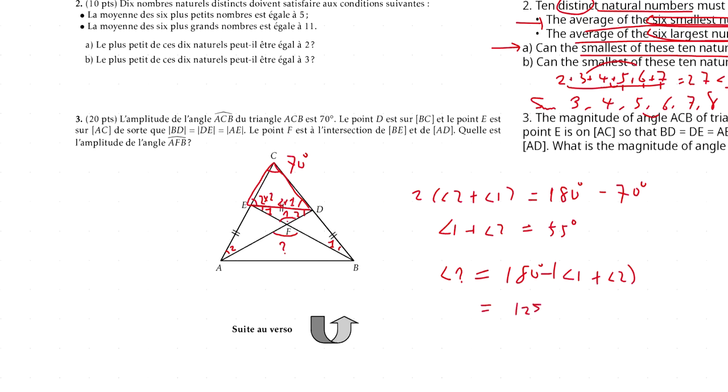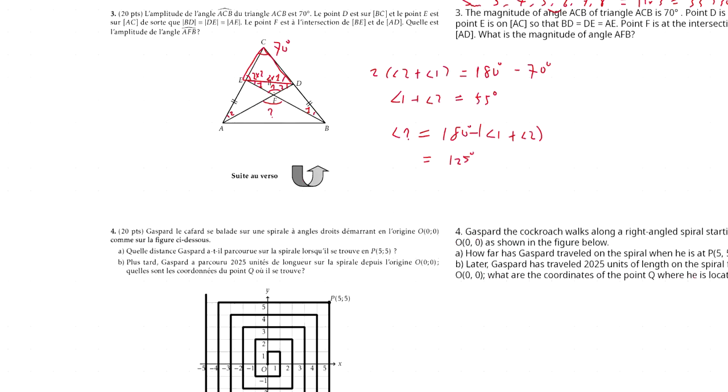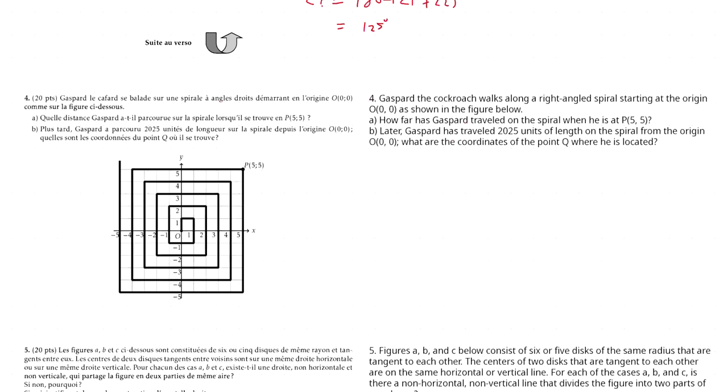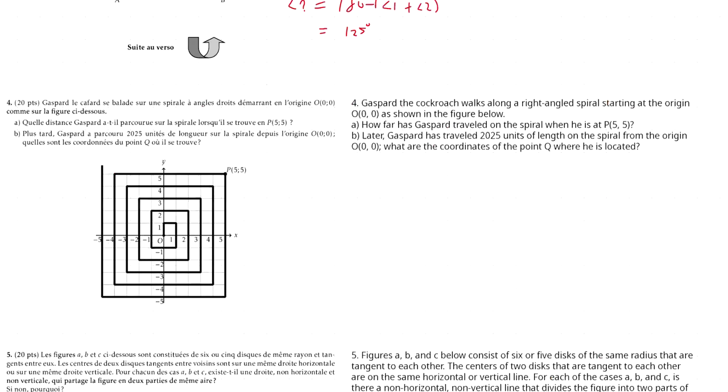Okay. Number 4. Number 4 is something like combinatorics or kind of number theory. Maybe not so clear, right? It says a cockroach walks along the two-dimensional coordinate system in a spiral way.